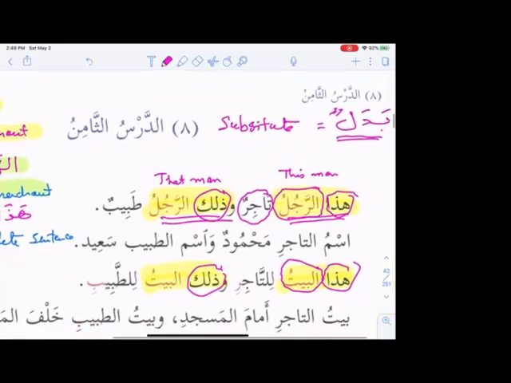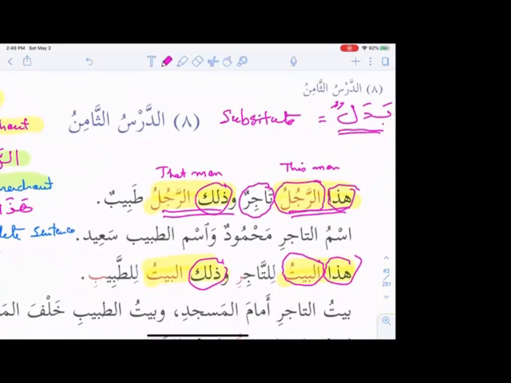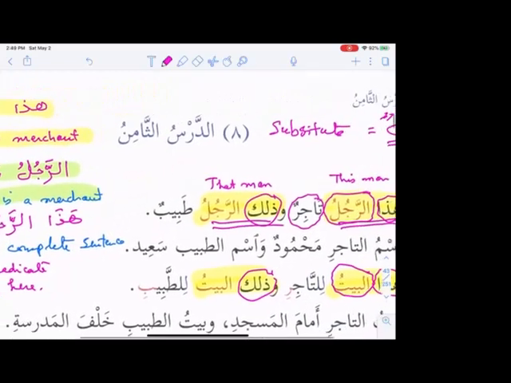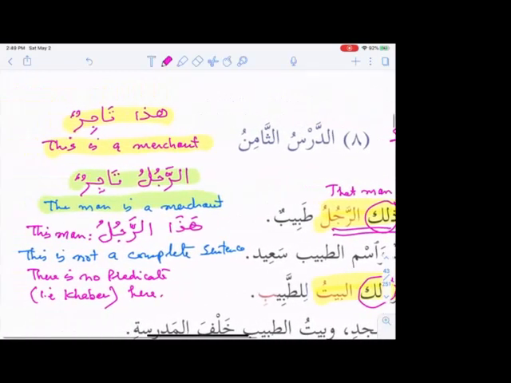Now, the easy way to understand is that these two things, we call it badal, can be substituted and it will still give us the meaning. Haza tajirun or rajulu tajirun. And then we say, my brother and sister, this man.